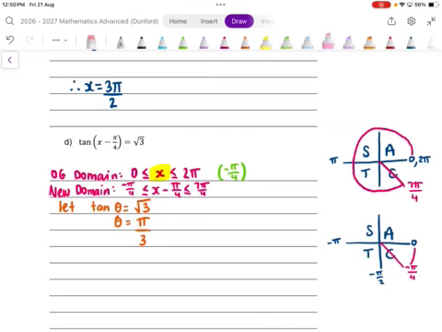Now, with our tan, was it positive root 3? Because it was a positive root 3, sorry, we should have probably written it out again, tan is positive in our A and our T quadrant. So within that domain that we have demonstrated on our two ASTCs, we only really need to be working between our 0 and 7 pi on 4.